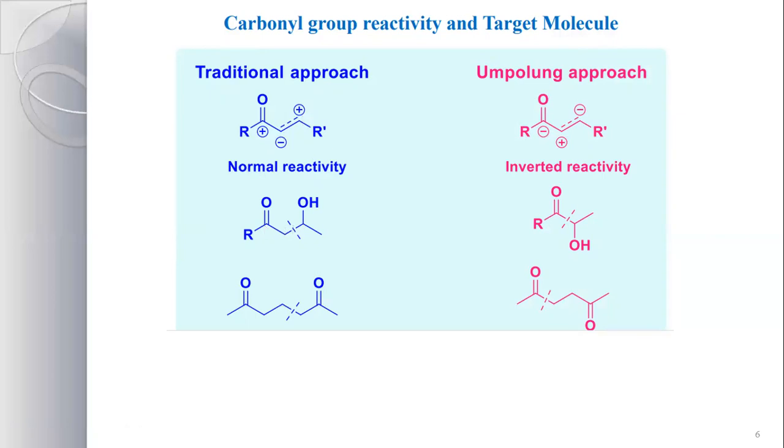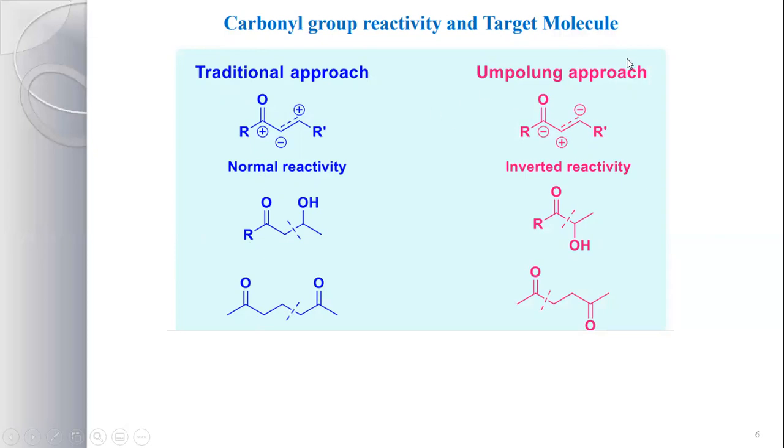Remember one thing: in a traditional approach, the difference of carbons between two functionalities is an odd number of carbons, such as one carbon here, 1, 2, 3 carbons.